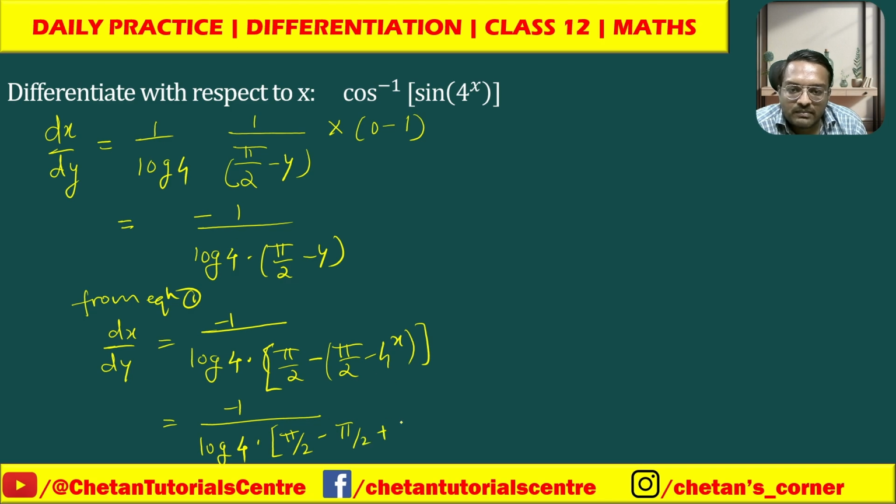This minus minus will become plus, and this 4 raised to x as it is. Pi by 2 will get cancelled. So what will be remaining?